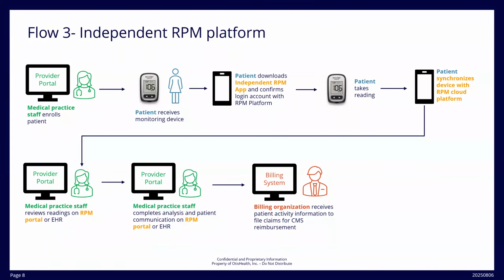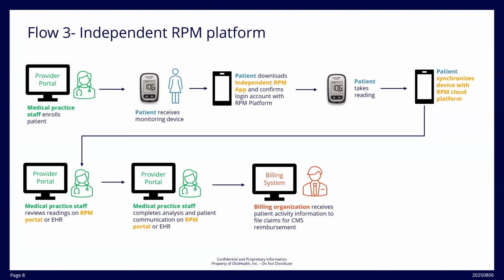And so the big difference between this and scenario one or flow one is that because we're using an independent RPM platform, you can use different devices and different manufacturers. It's not dependent on one manufacturer and the products that they provide. And so that's the big difference between using an independent RPM platform and a device manufacturer's RPM platform.